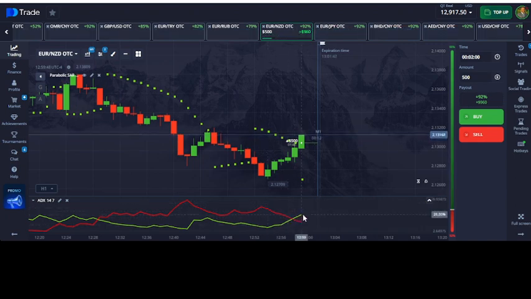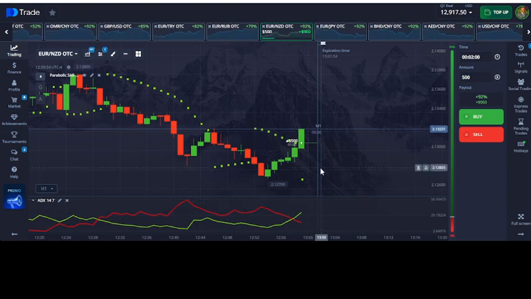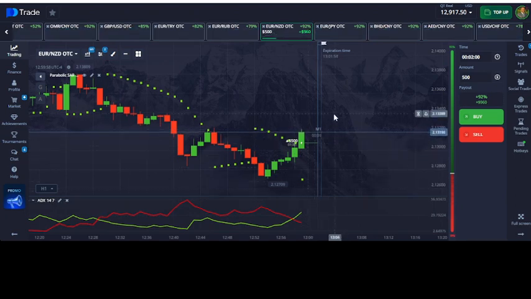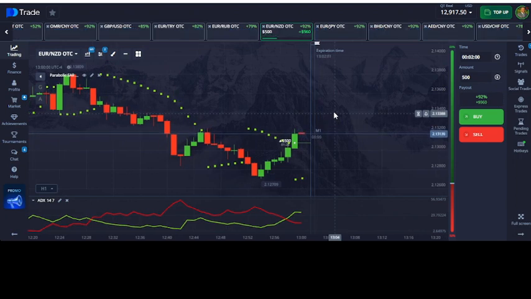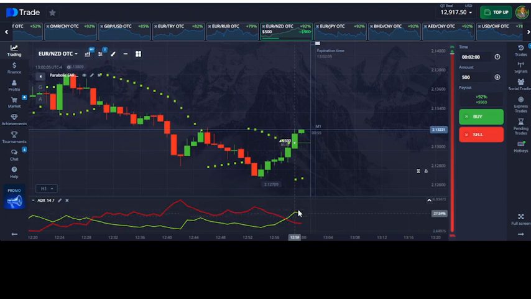So this tells me that the bulls are stronger than the bears, and that there would be a continued push to the upside in the price of the currency pair here. The ADX is an extremely powerful indicator. So let's monitor this trade and wait for the expiration.